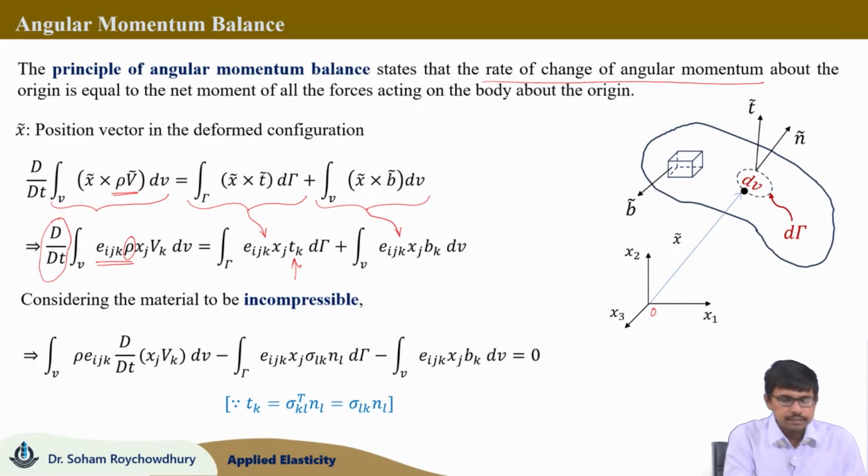So, hence the second term becomes minus the surface integral of E_ijk x_j sigma_Lk n_L d gamma, and finally the last term remains as it is, that is the body force term, the moment due to body force, minus the volume integral of E_ijk x_j b_k integrated over the volume.